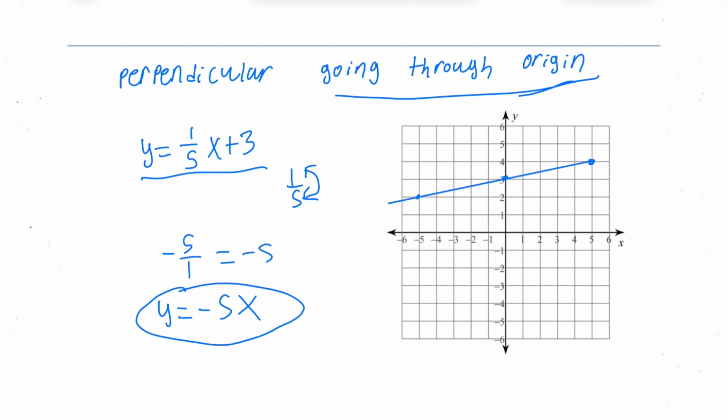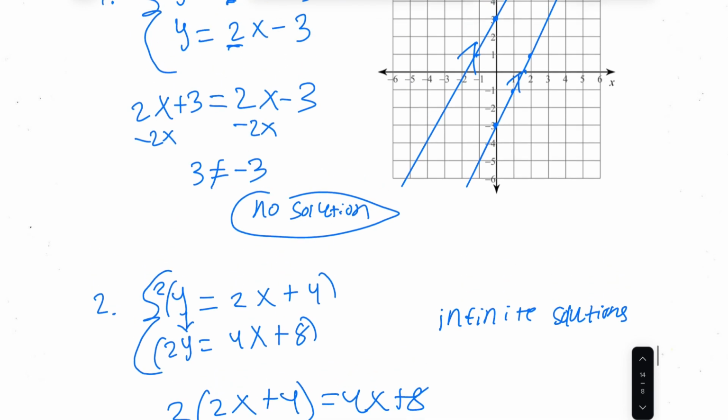And then the perpendicular line has a slope of negative 5, and it's going through the origin. It would look something like this. They intersect here, and they form a perfect 90-degree angle. And that's it. That's perpendicular lines, no solution, infinite solutions, and just systems of equations.